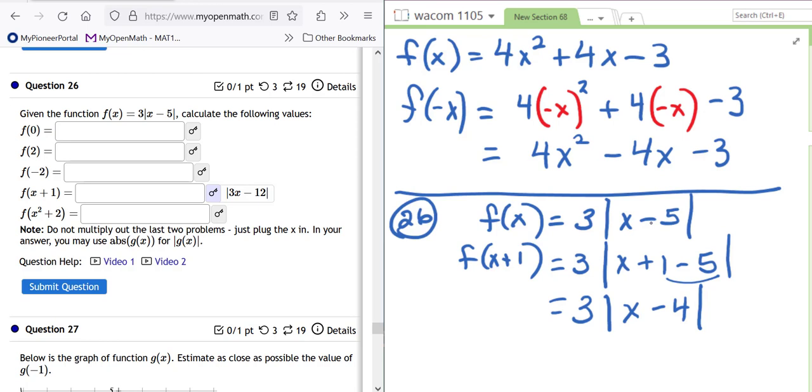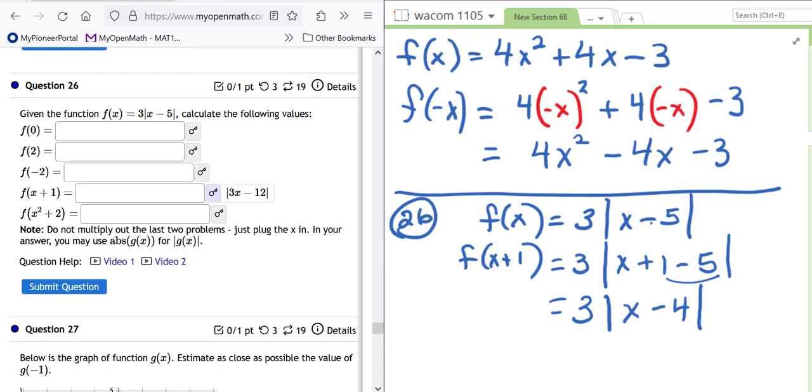Okay, what did Mrs. H do wrong? 3 times the absolute value of x minus 5. I put in x plus 1. You can't multiply your 3 into the absolute value.